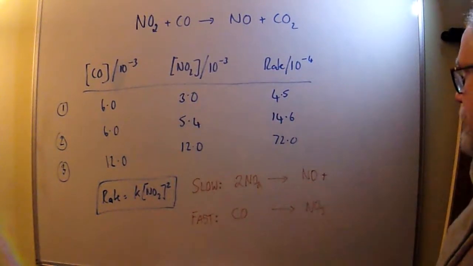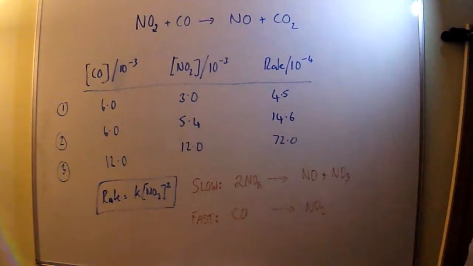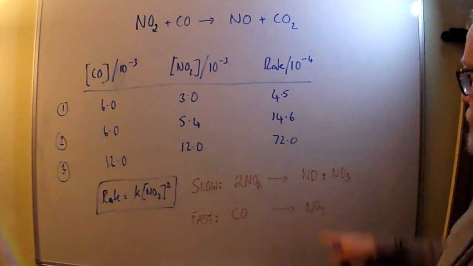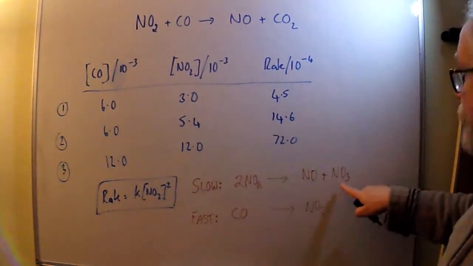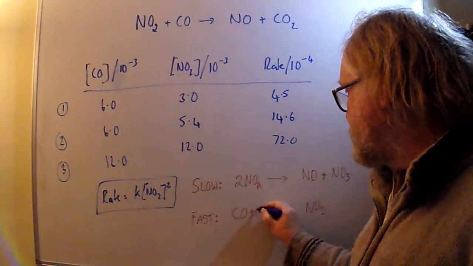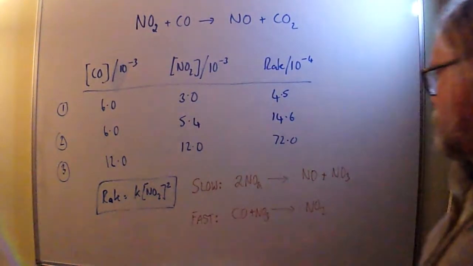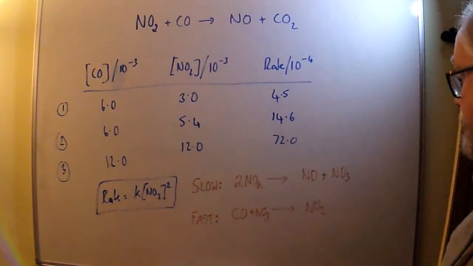We've used 1 nitrogen and 1 oxygen, so that would leave NO3 as the other thing that was formed. So we want this because it's there in the final equation, so that's fine. We don't want this because it's not there in the final equation, so we just feed it back in there. So we're proposing it as an intermediate, which is then used up in the second step.